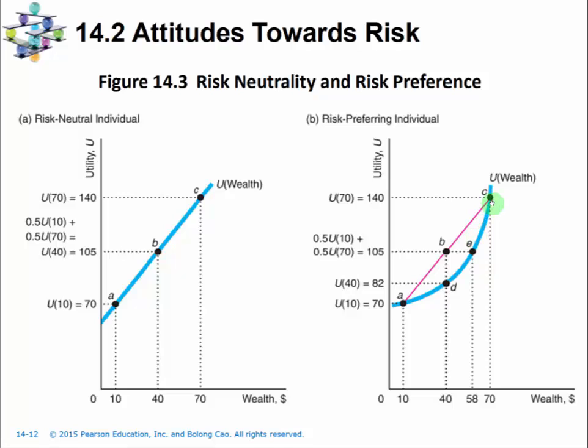So with this convex utility function, the risk-loving decision maker will have expected utility levels from risky events that are higher than their utility levels on the expected values of these kinds of risky events, and they will always choose the risky events instead of the wealth level with certainty. That's why we call them risk-loving or risk-preferring, as in the textbook.